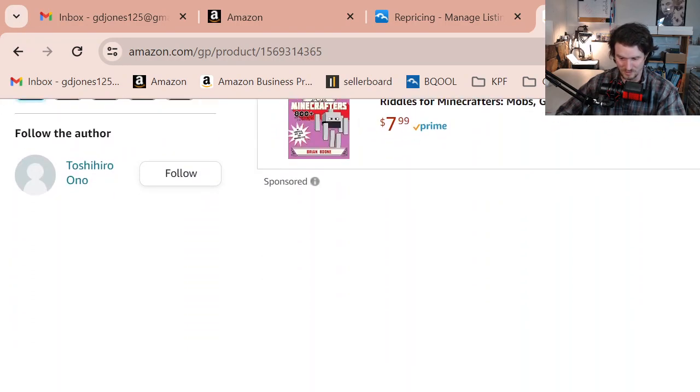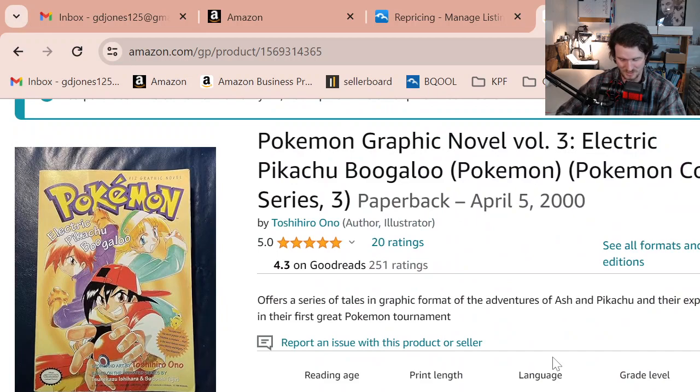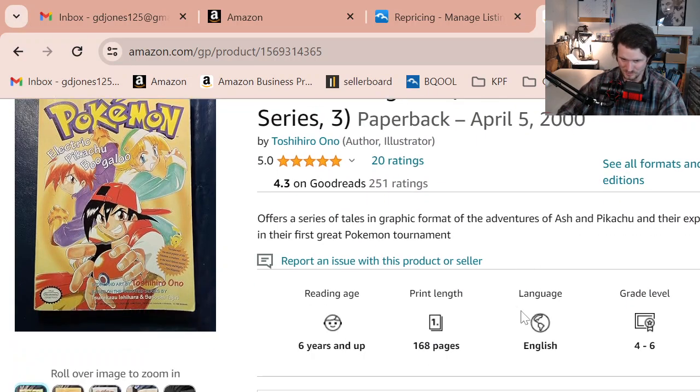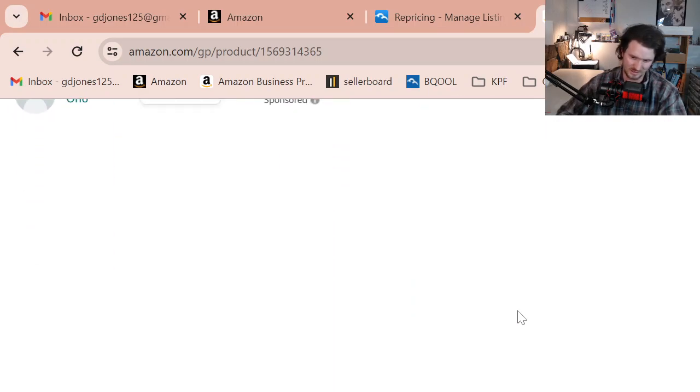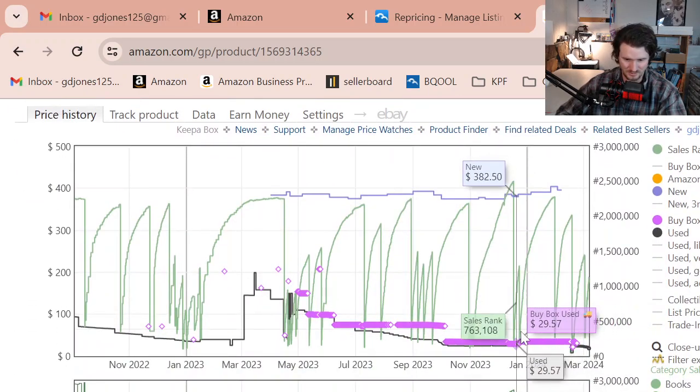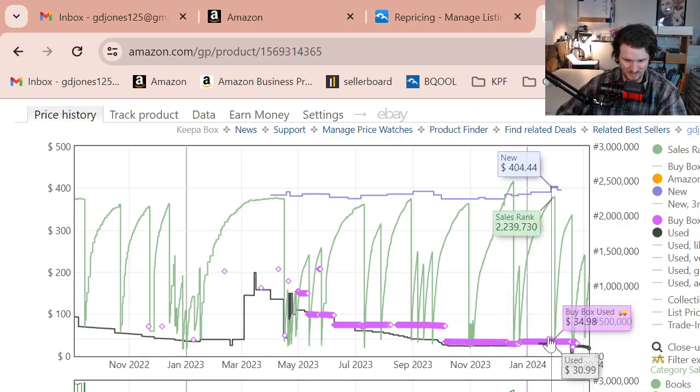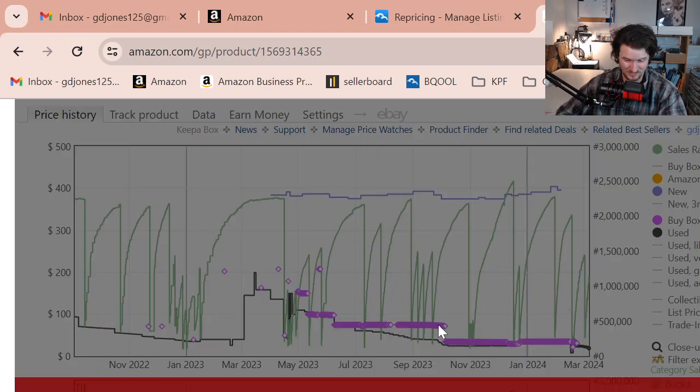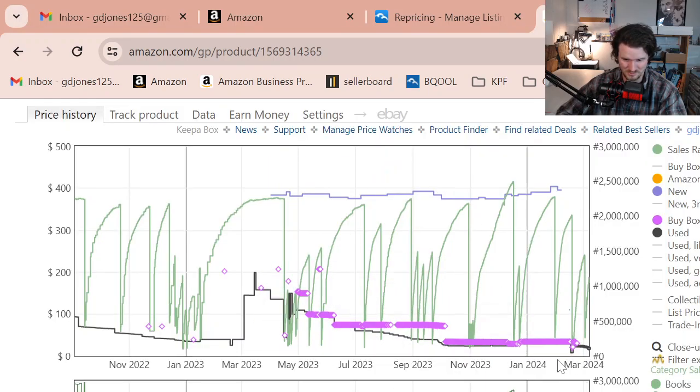And none of them have the buy box, so Amazon's telling them that it doesn't like the price. Ooh, I would say this book I probably should have passed on, because it's not looking like a great return or anything. Oh, here we go.